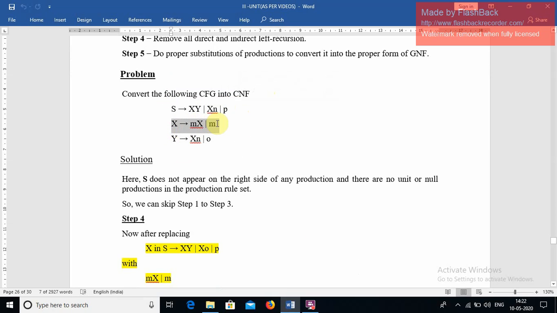And the next one, X goes to mX, which means terminal and non-terminal, or only terminal m. Two production rules are combined here. And the next one, Y goes to Xn, non-terminal and terminal, one production rule, and o is the second production rule. They are combined.